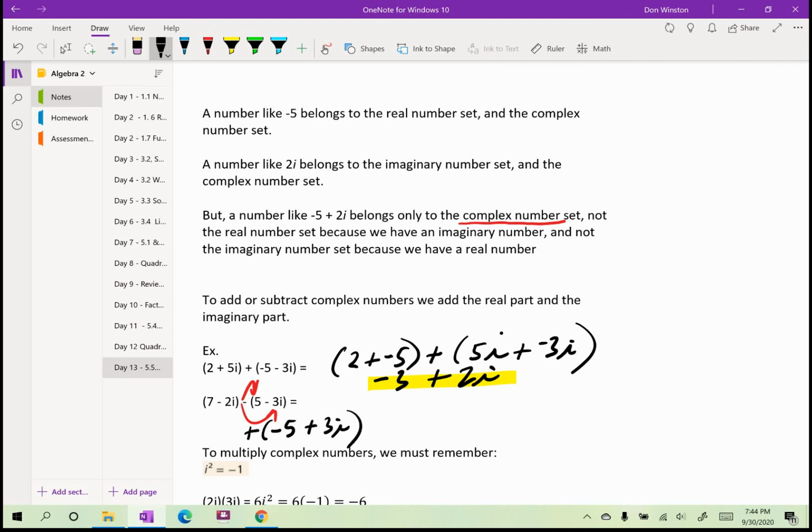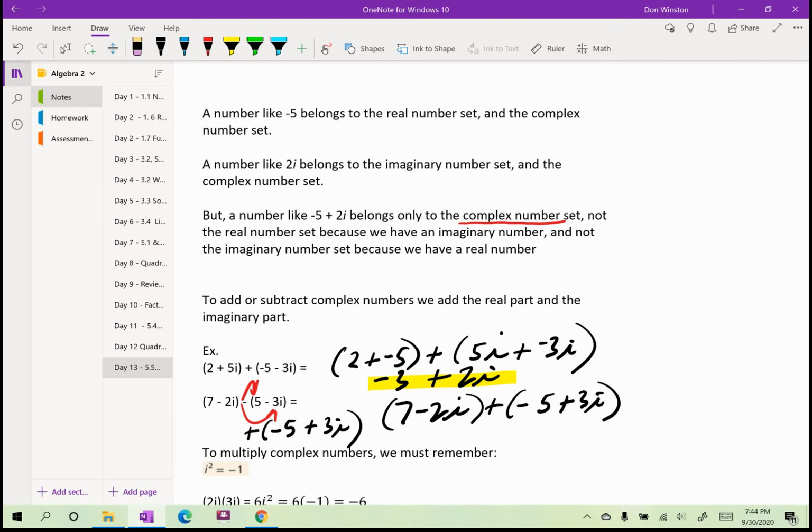Plus negative 5, and then a positive 3i. So then we'll have 7 minus 2i plus negative 5 plus 3i.